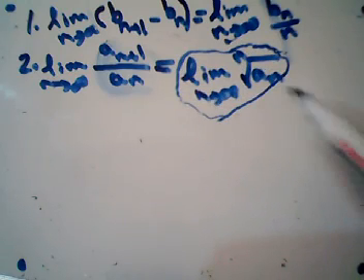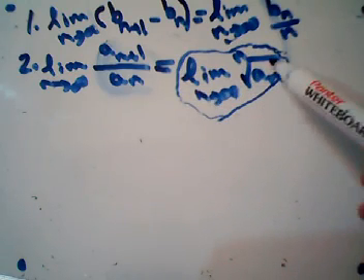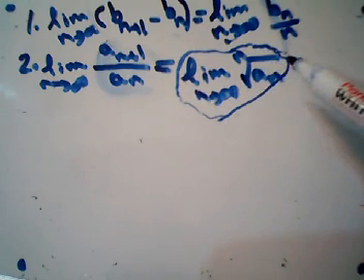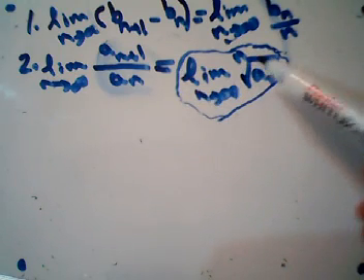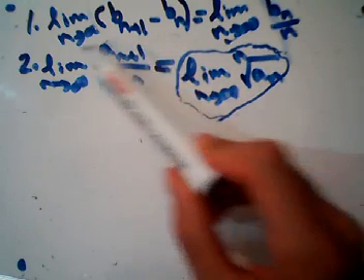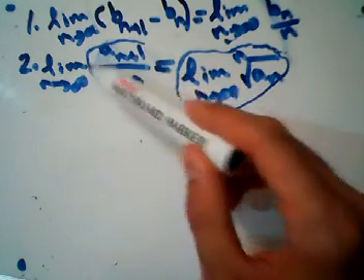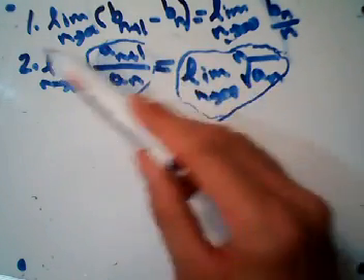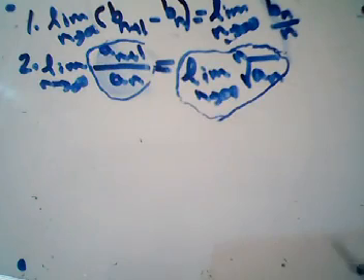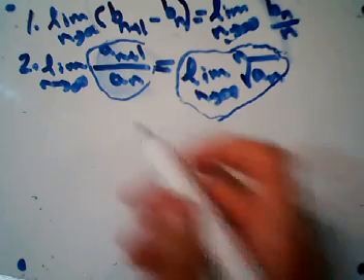But if calculating this limit is hard, this says that you could calculate this other limit instead, like what we did in the ratio test. Okay, now let's prove it.